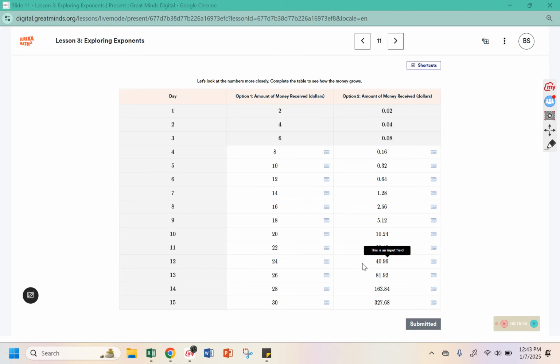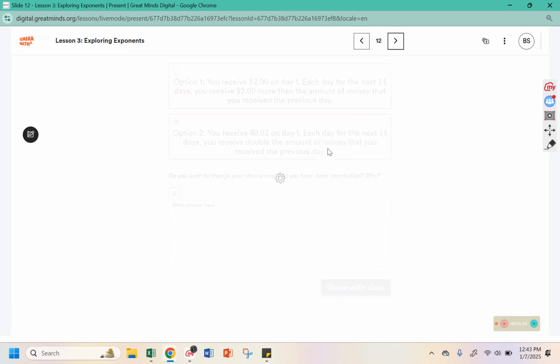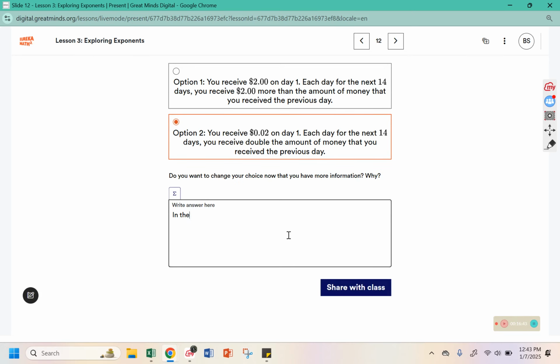But at day 12, option 2 starts leading with $40. So in the beginning, option 1 would be better. But by the end of day 15, option 2 has grown so fast that it would be the better option.